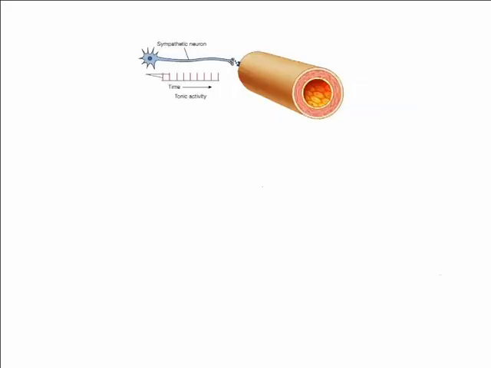This is a picture which just demonstrates a sympathetic nerve innervating an arteriole. And realize that our sympathetic system has what we call some tonic activity, which means it's always causing stimulation of the smooth muscle to some degree. So let's imagine that this represents the frequency of stimulation of a typical systemic arteriole.